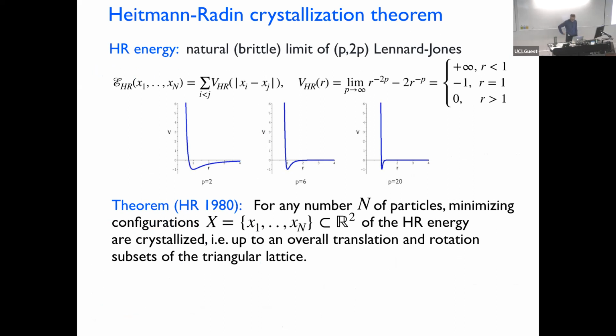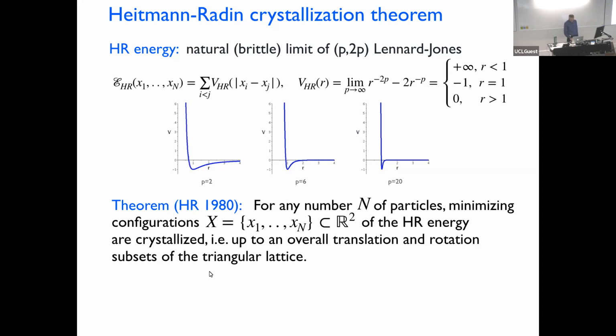When you take a brittle limit of the Lennard-Jones potential, you make it very thin, depth 1 sitting at radius 1, so you get plus infinity for radius less than 1, a sort of hard disk thing, but you get a penalty of -1. In that sense it's different from the hard disk system because it's sticky disk: you get a reward of -1 for binding, and then 0 at long range.